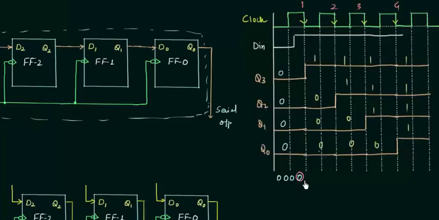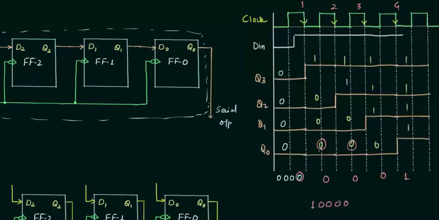So I have Q0 as 0, and again in this you can see Q0 is 0. For this clock pulse Q0 is 0 again. For this clock pulse Q0 is 0, and finally our LSB is detected and we have Q0 as 1. So now our data is coming out, and we can write it as 0, 0, 0, 0.